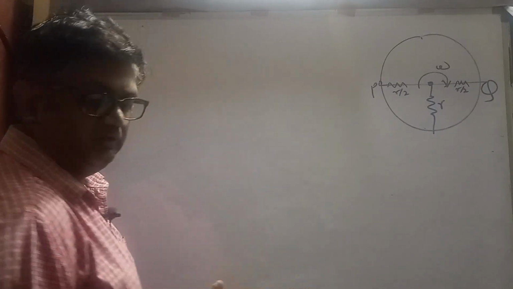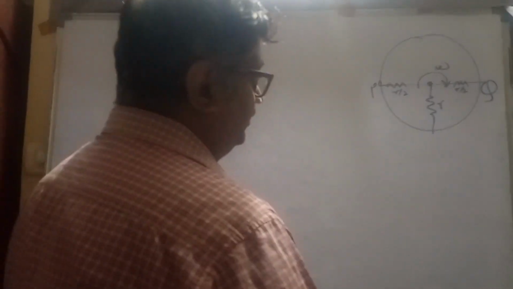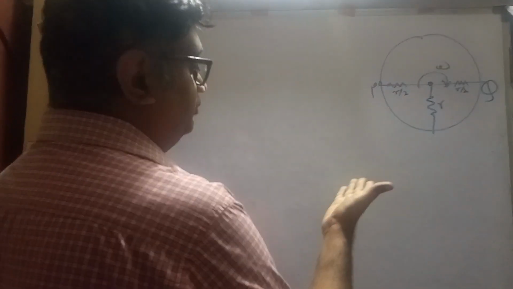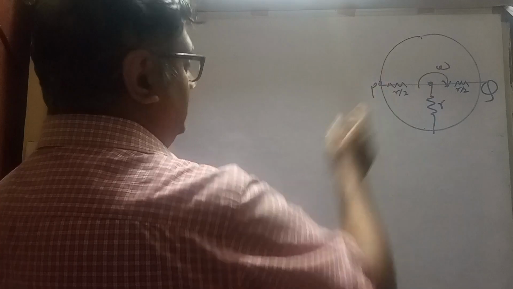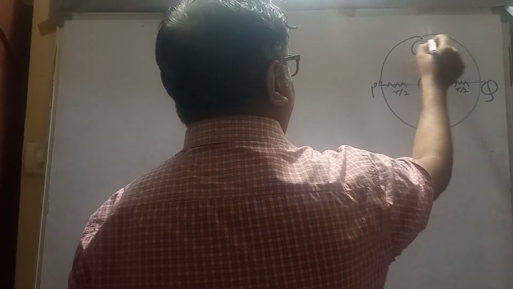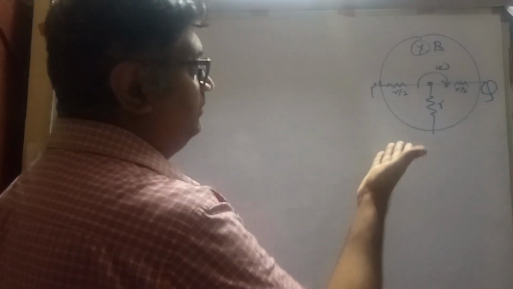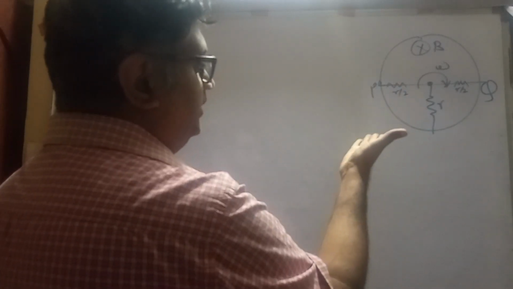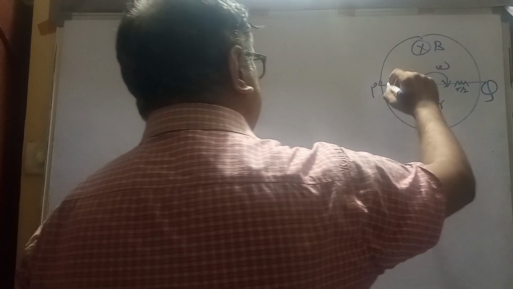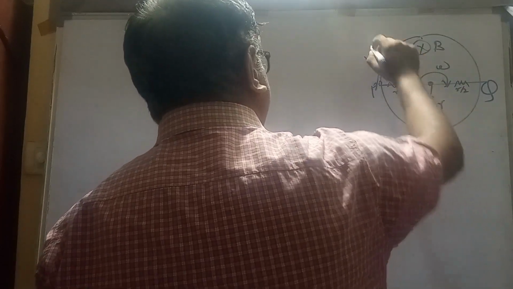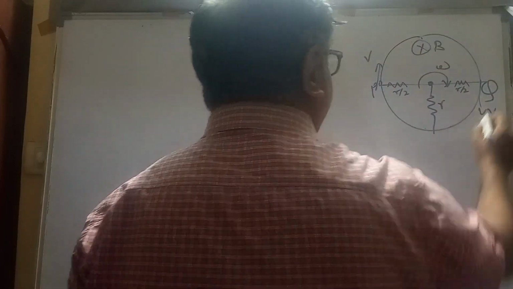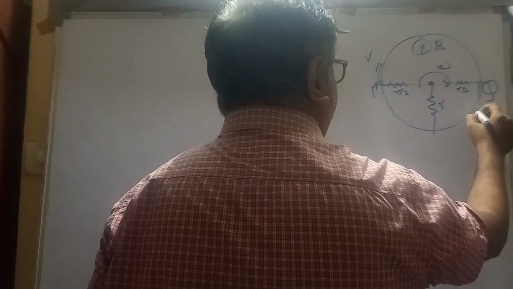So for that, like we have already discussed in my previous videos also, we can use our right hand palm rule. So the fingers will indicate, now the direction of field is given like this. Okay, so if you open your right palm and point towards that field, and because you are rotating like this, here some velocity v will develop, here some velocity v will develop, right?